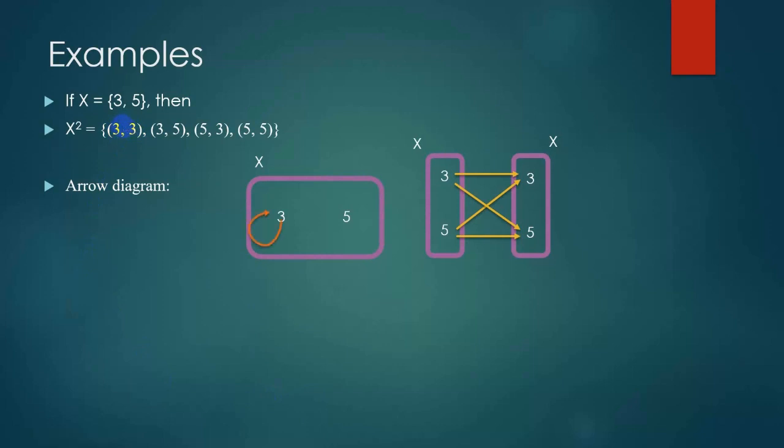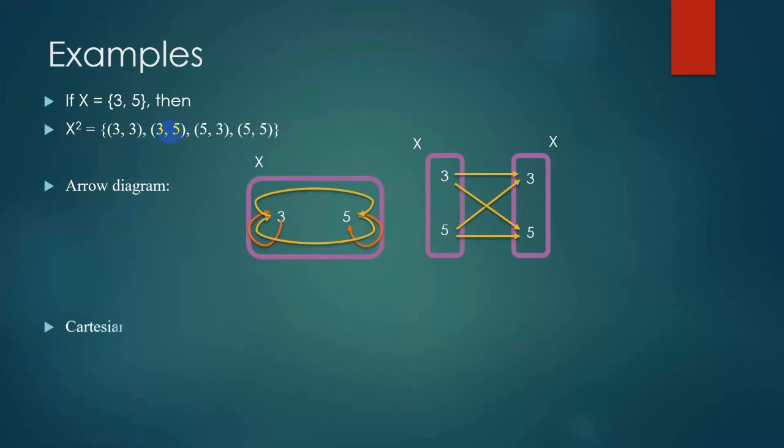By this arrow. This arrow is oriented from 3 to itself. Okay, what about the second ordered pair (3, 5)? It will be represented with this arrow, which is oriented from 3 to 5, then (5, 5) and (5, 3).